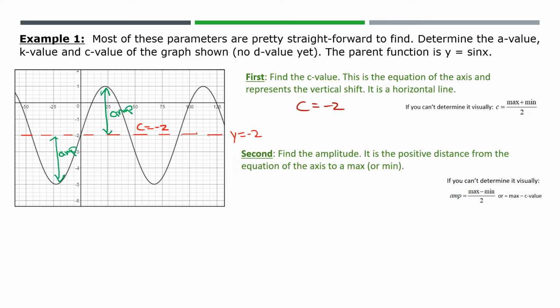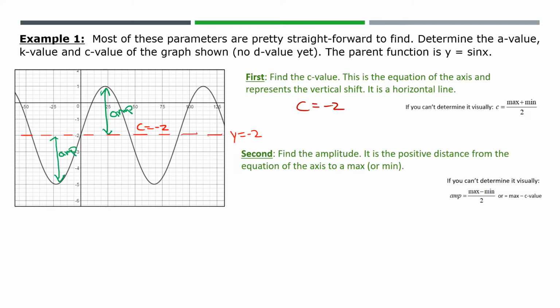So in this case, how many units is that? And again, if you can't determine it visually, the amplitude is equal to a max minus a min divided by 2. It's very similar to the c value, except for subtraction. Or you can take a maximum, so our maximum occurs at a y value of 1, and subtract the c value. So that would be 1 subtract -2.